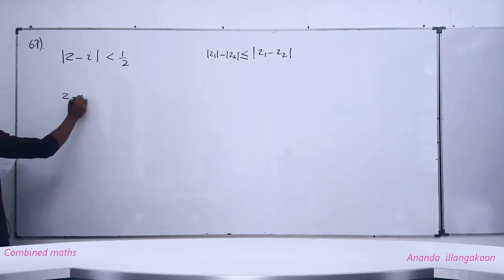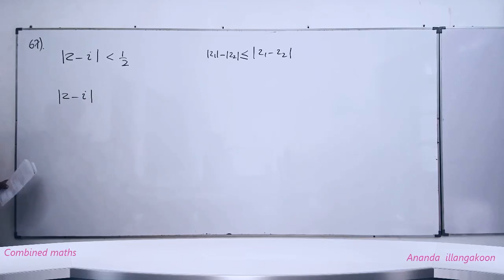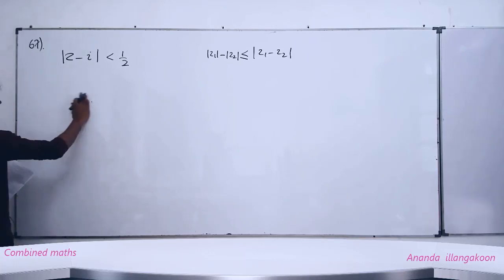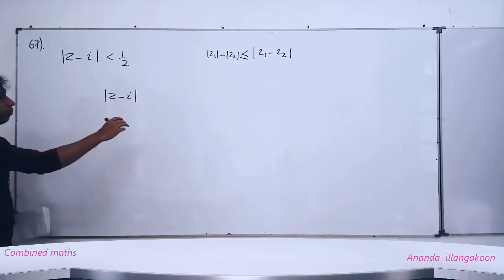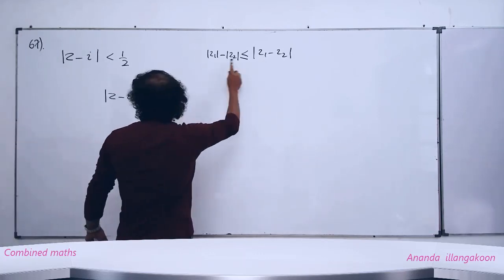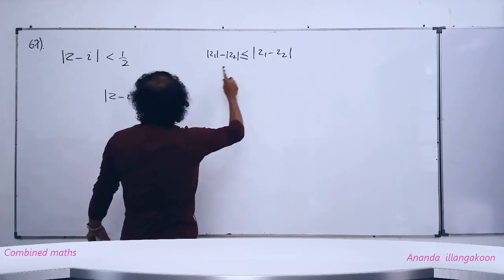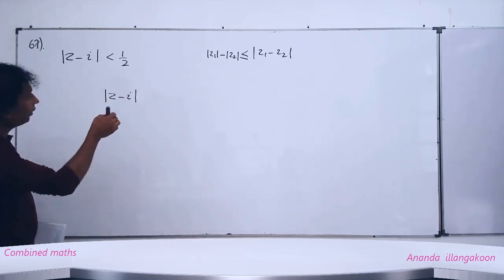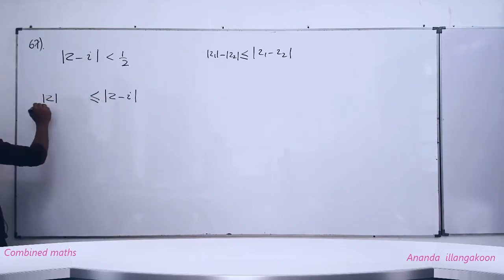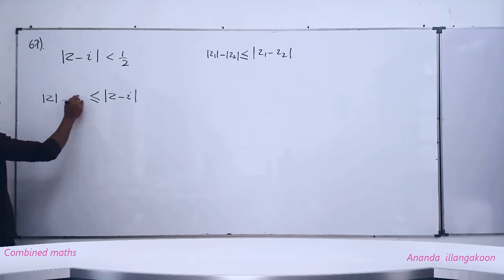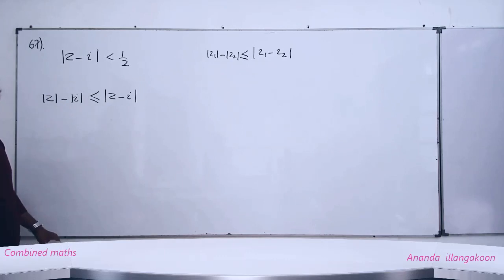Then I am going to take this one, people. Mod Z minus i. I'm going to apply this. Z1 is this Z. Z2 is this i. By using that theory, I can write this one greater than or equal to mod Z minus mod i. This way I can write this. Okay. Mod i is 1, people.